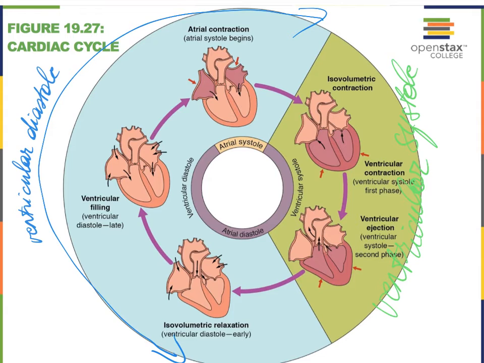Okay, now we're going to look at the smaller circle. And within the smaller circle, we have a rather short systole for the atria. So here our atria are contracting, while everything in the purple, on the other hand, refers to atria relaxing.